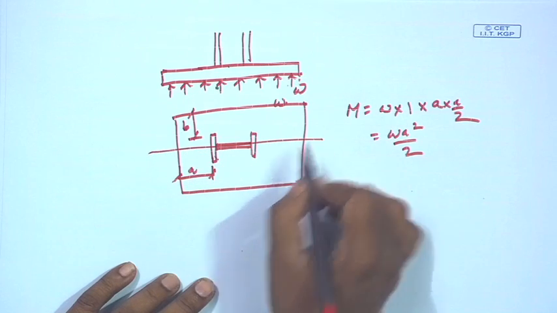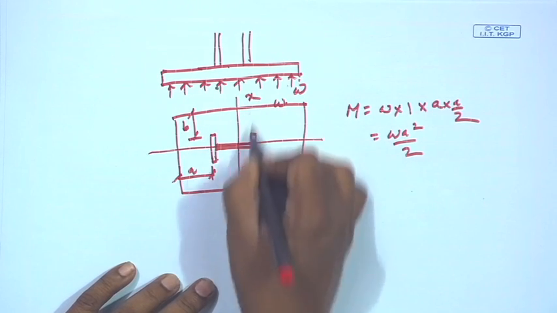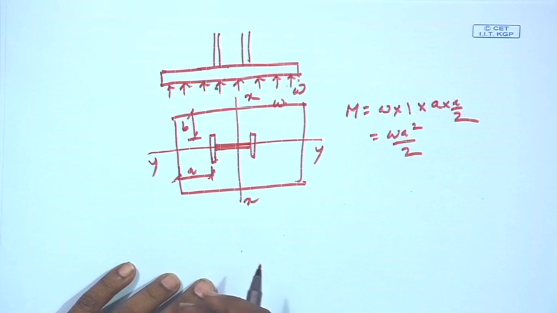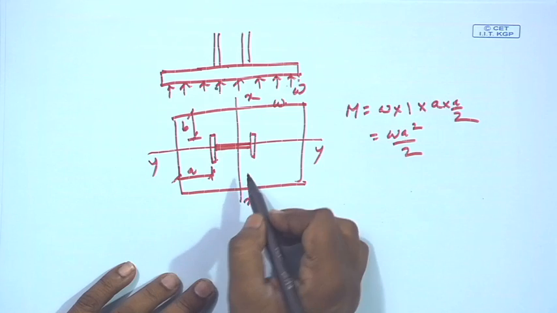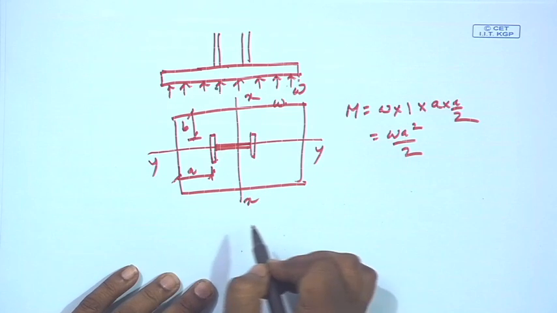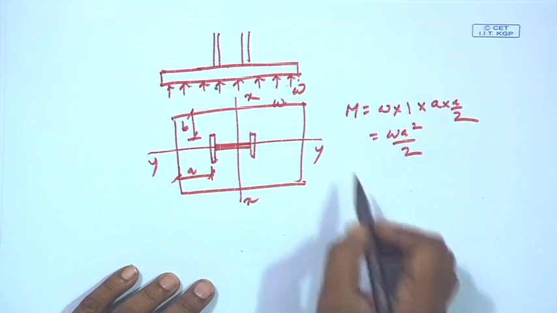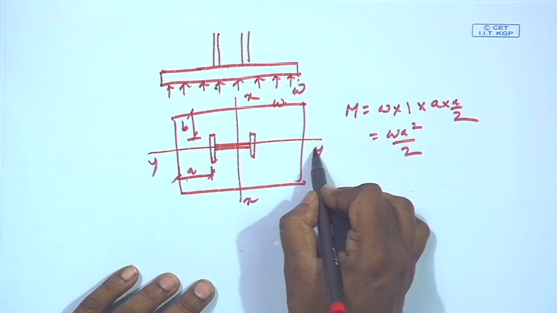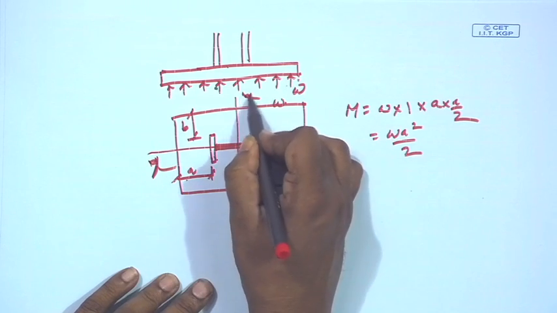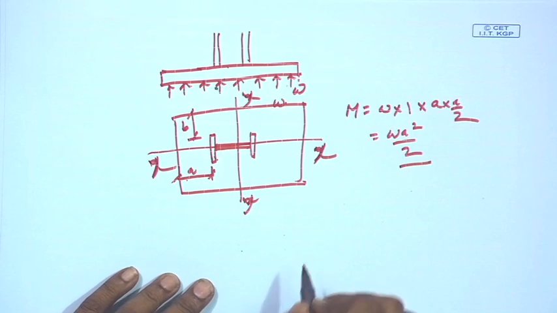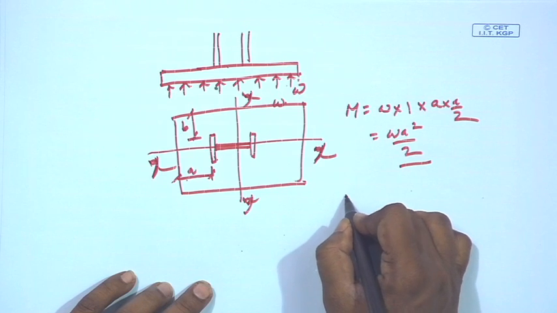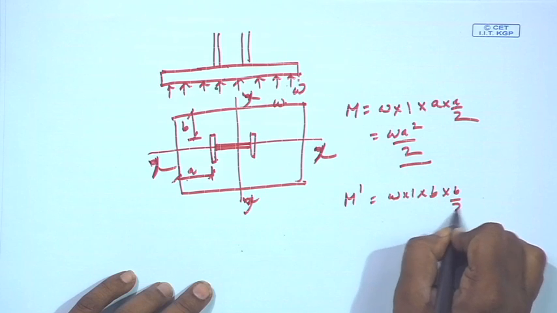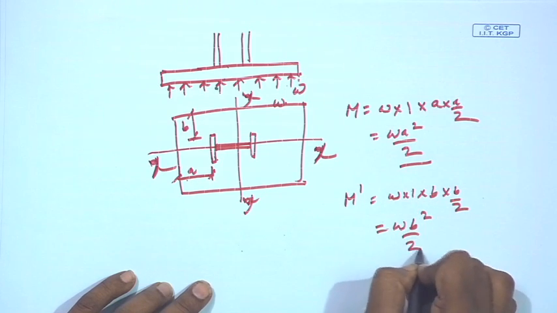So, if we consider this is x and this is y, W a square by 2 along x axis, and in the other direction we can consider, say, M dash is equal to W into 1 into B by 2. So, W b square by 2.